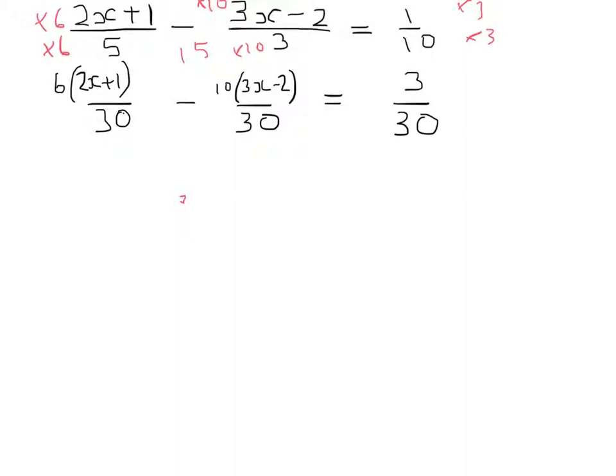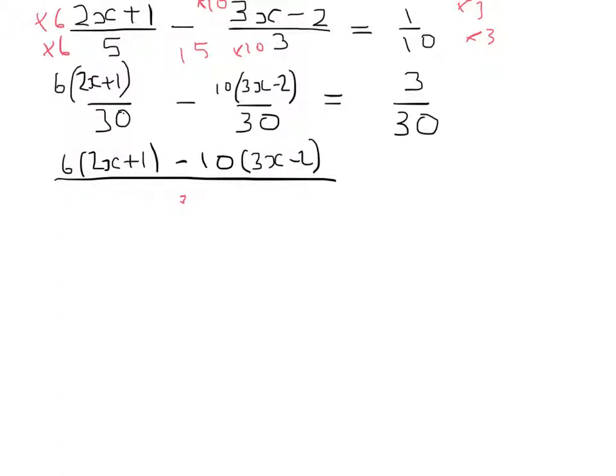Now we can combine these two fractions on the left-hand side so that we will end up with 6 times 2x plus 1 minus 10 times 3x minus 2 all over 30 here. And that is equal to 3 over 30 on this side. At this point we can eliminate the 30 by multiplying both sides of the equation by 30, because they're both divided by 30.